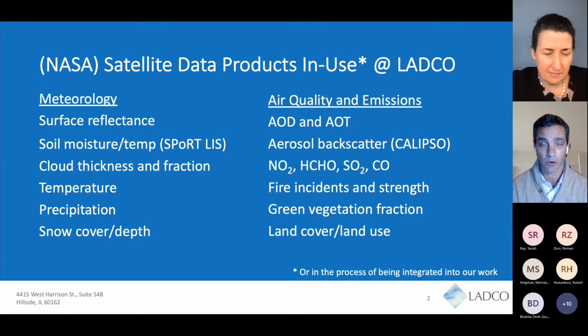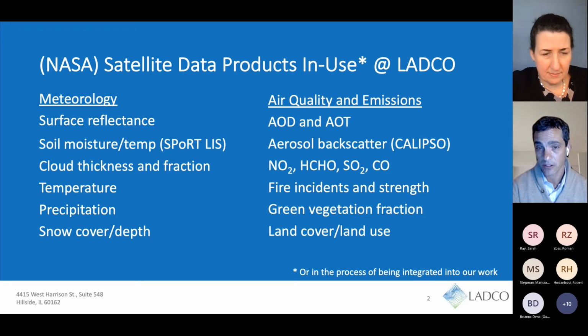And it's a really important value-added part of the modeling process. And this is nothing new. It's been going on for a decade or more. But this is a very well-established use of satellite-based information in air quality planning. It may not be obvious, but it's in there. And it's a very important part of what we do with our MET modeling.